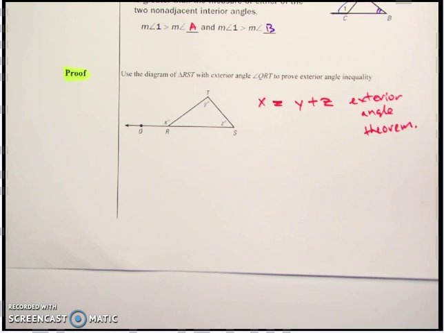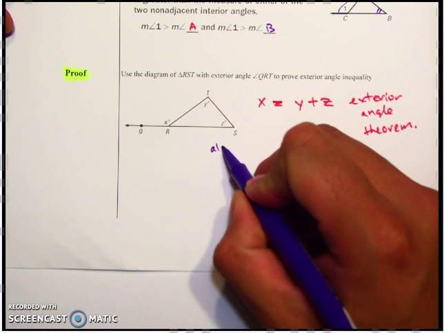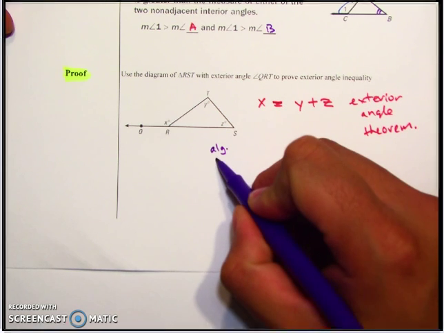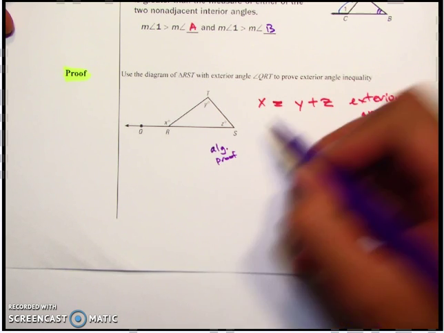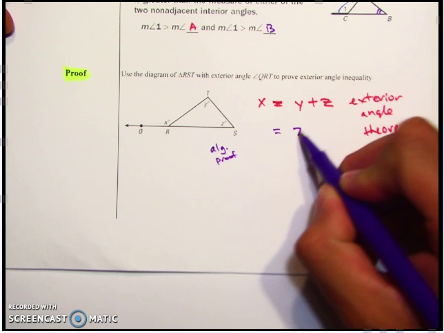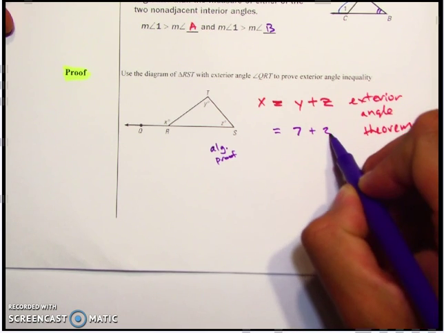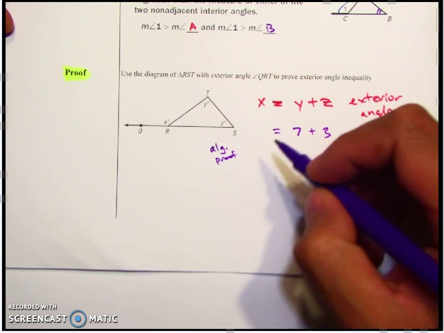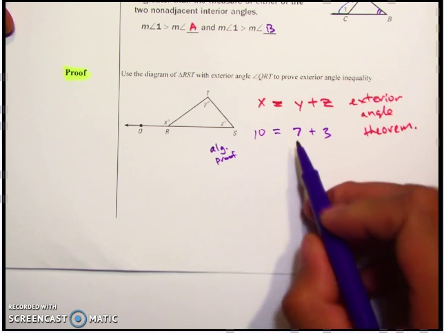Now, we're going to do this algebraic, okay? We're not going to go and prove that much. We're just going to do an algebraic proof, okay? So basically what's going to happen, we're going to put a number. Let's just say Y is 7 and this Z here is 3. So that means angle X has to be 10, because 7 plus 3 gives you 10.